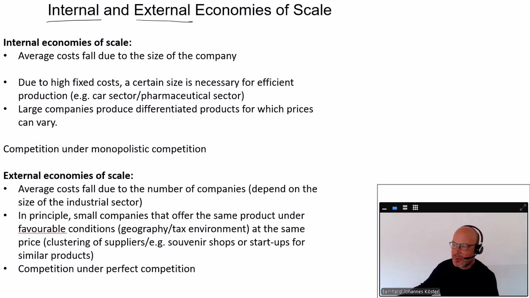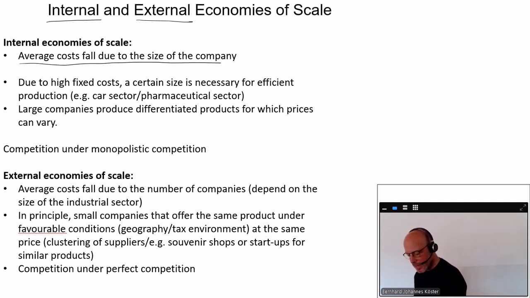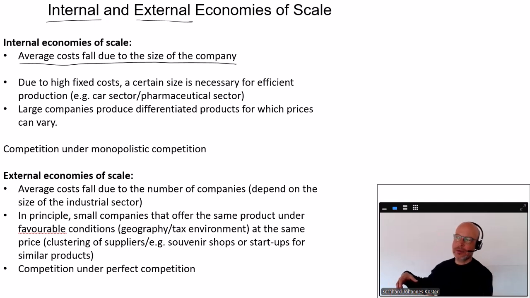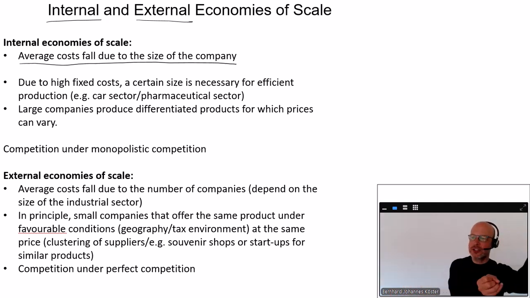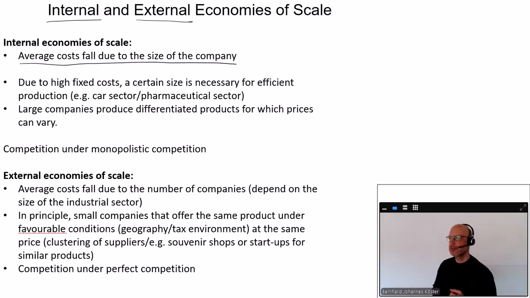As I explained with the example of the car industry, we could argue why we find this situation with a falling average cost function: this is due to our company becoming larger and larger.